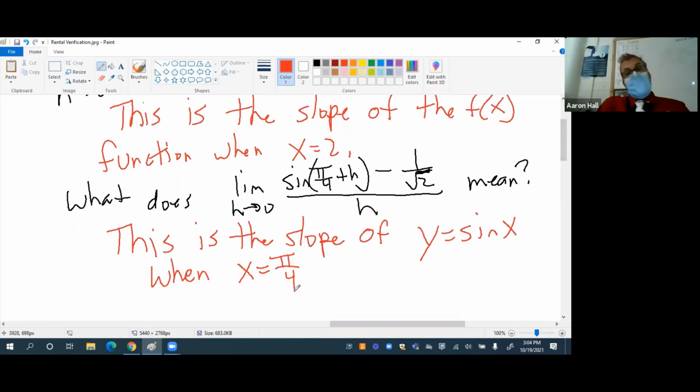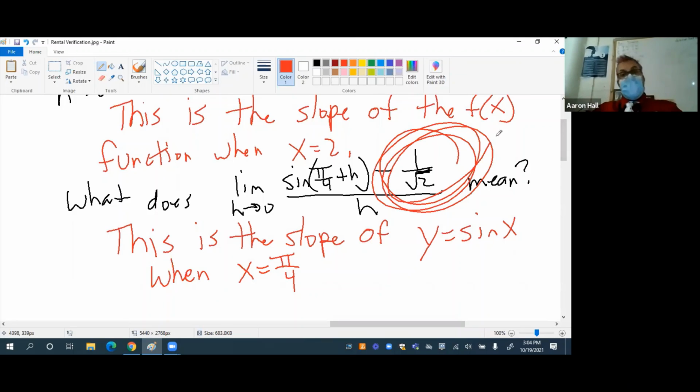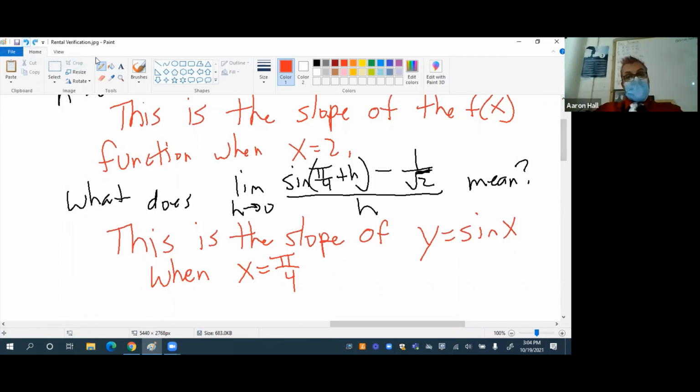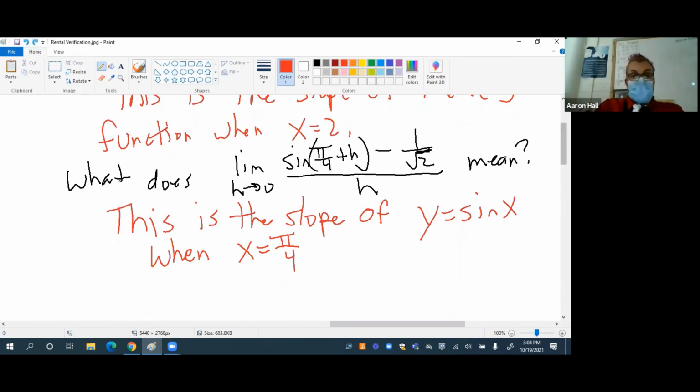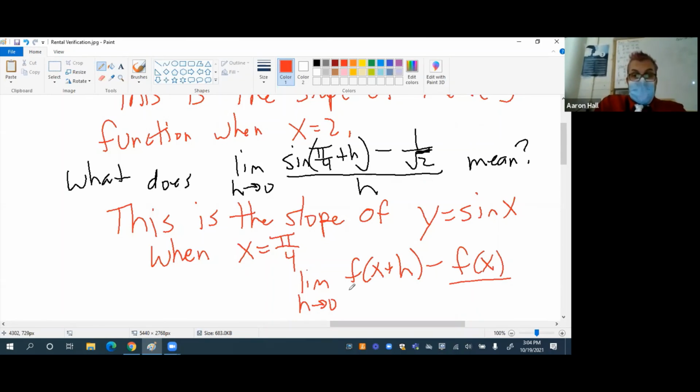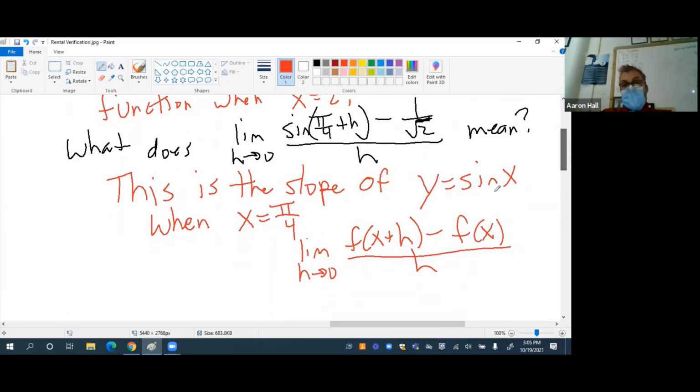Well, how did I get this mess over here? How does that make sense? If my limit is the limit as h approaches 0 of f of x plus h minus f of x over h, and my function is sine of x, then I replace the x with x plus h to get this.